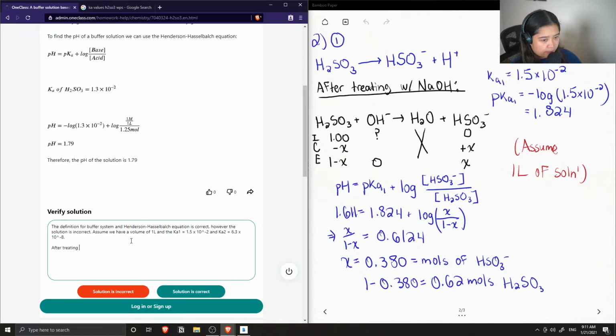After initially treating with NaOH, we have 0.38 moles of HSO3 minus and 0.62 moles of H2SO3 left over.